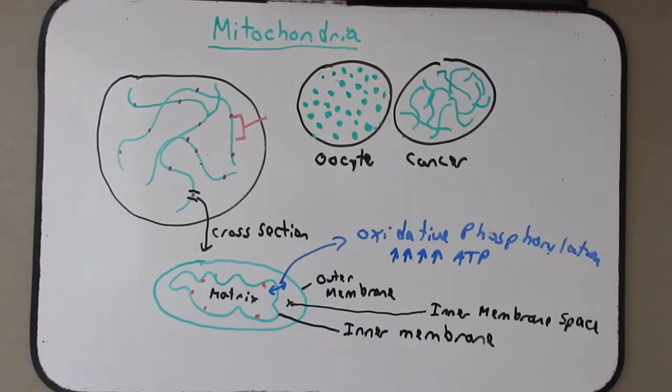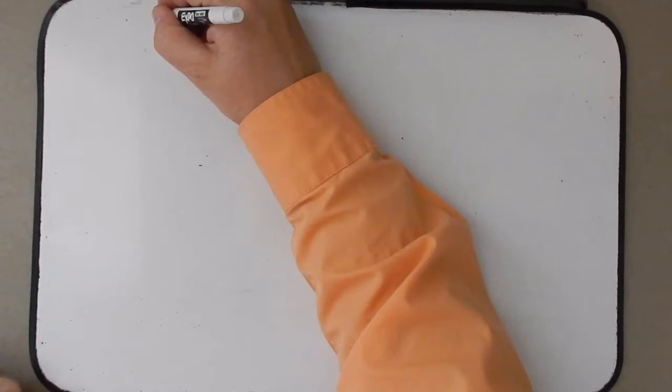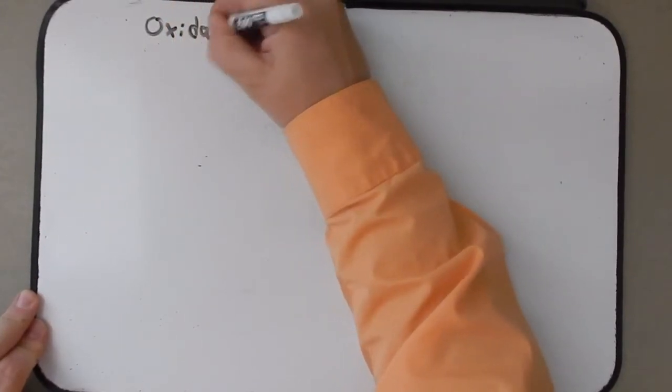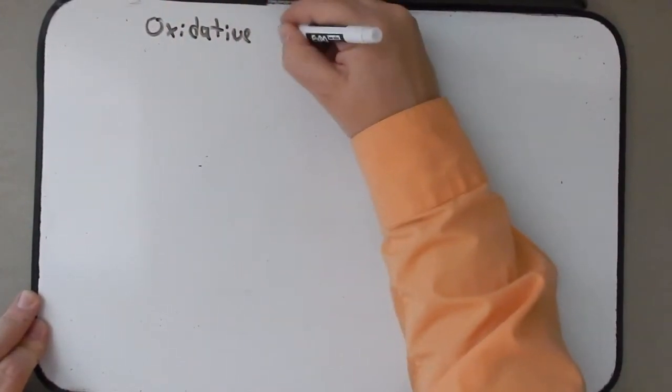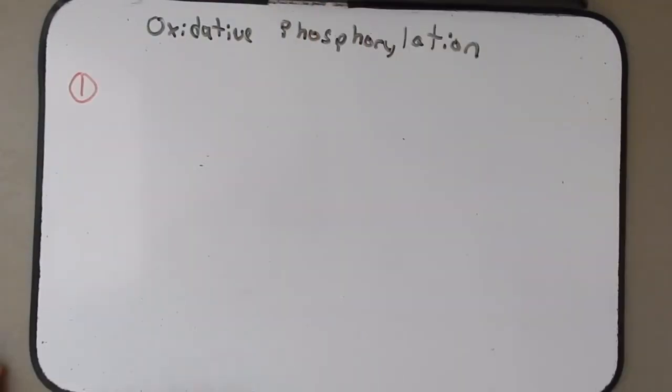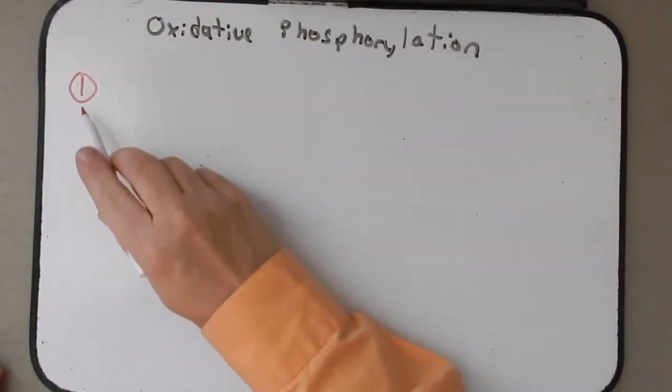Okay, now what I want to do is go back to this membrane here, the inner membrane, and talk about how we're going to generate energy using this membrane. Okay, so let's spend some time talking about oxidative phosphorylation. We can think of oxidative phosphorylation as occurring in two stages.